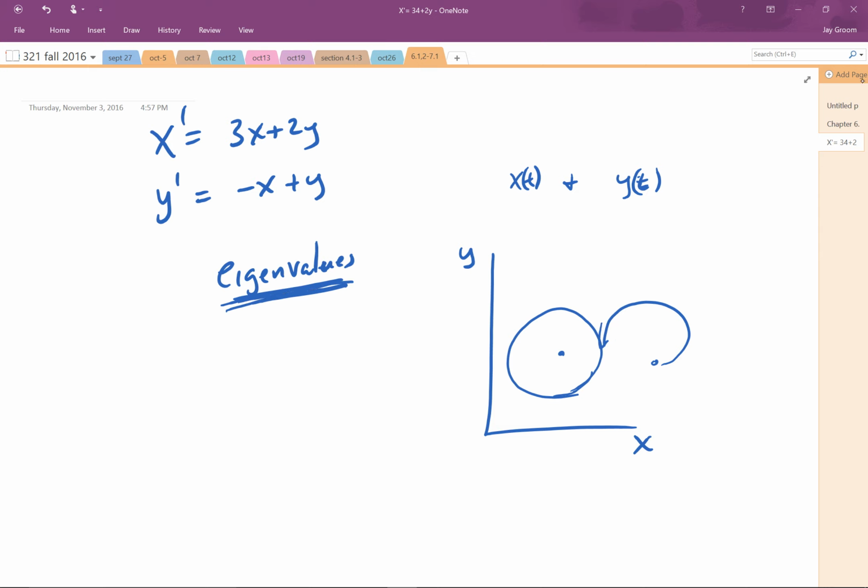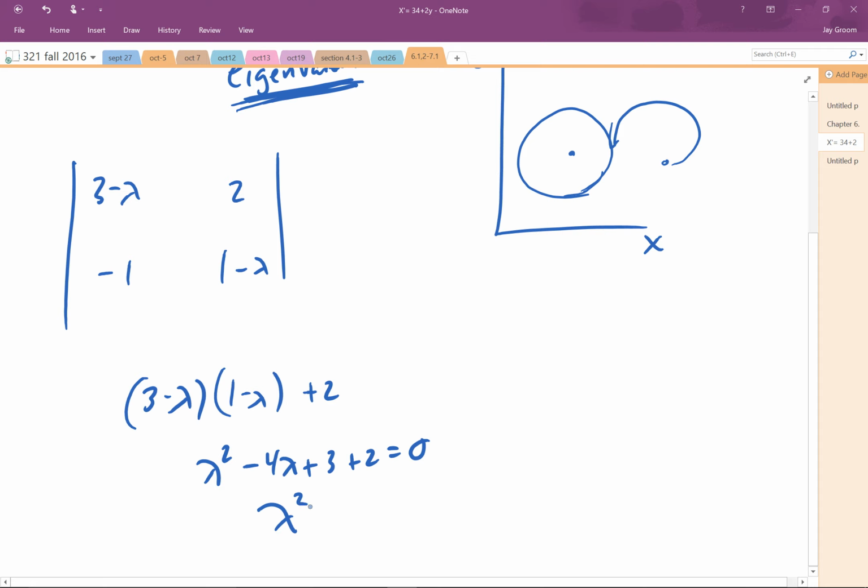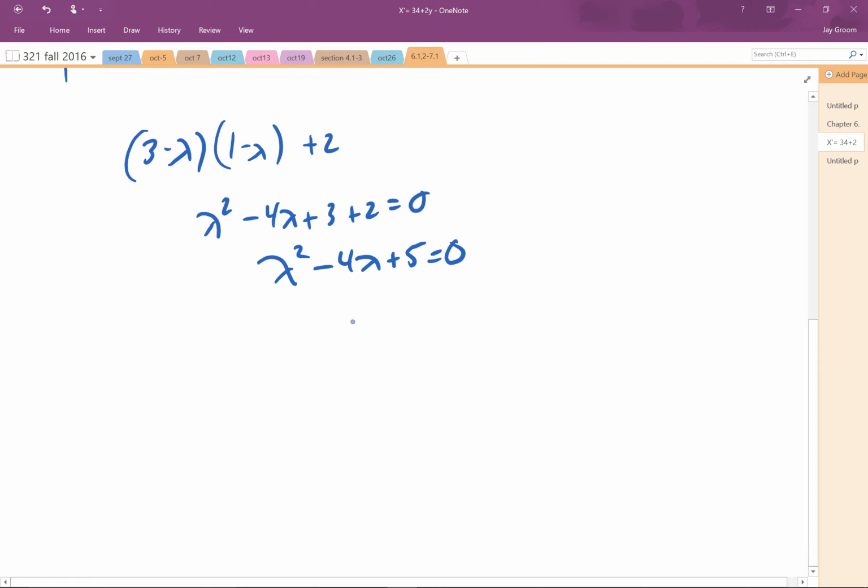Oops, back to that page. So our eigenvalues on this one, of course, are 3 minus lambda, 2, negative 1, 1 minus lambda. So that's going to be... it doesn't factor.